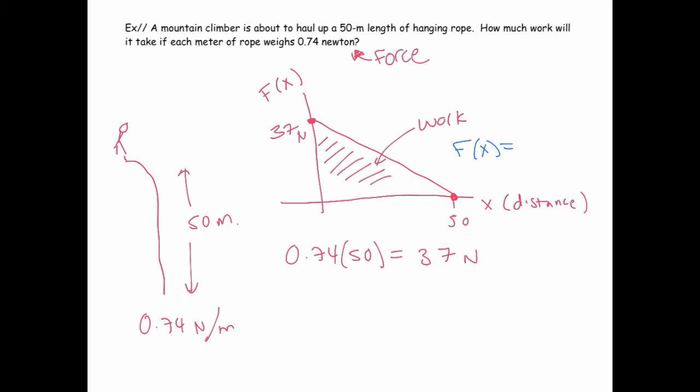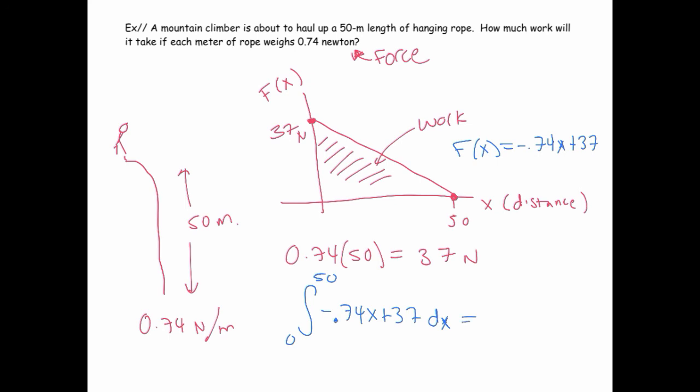So f of x equals negative 0.74x plus 37. You could integrate that from 0 to 50, our distance, using your calculator or the fundamental theorem to get an antiderivative. It's a little bit of an annoying antiderivative to get because of that fraction.